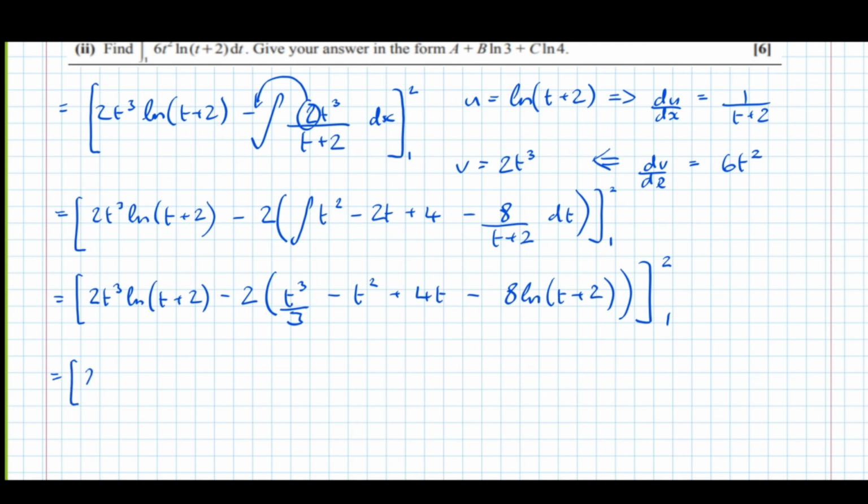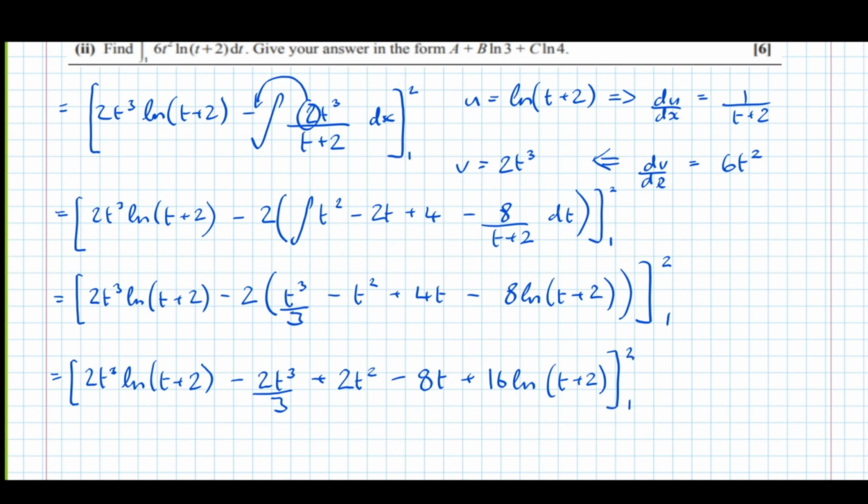Equals 2t cubed log of t plus 2 minus 2t cubed over 3 double minus 2t squared minus 8t double minus 16 log of t plus 2 between 2 and 1.